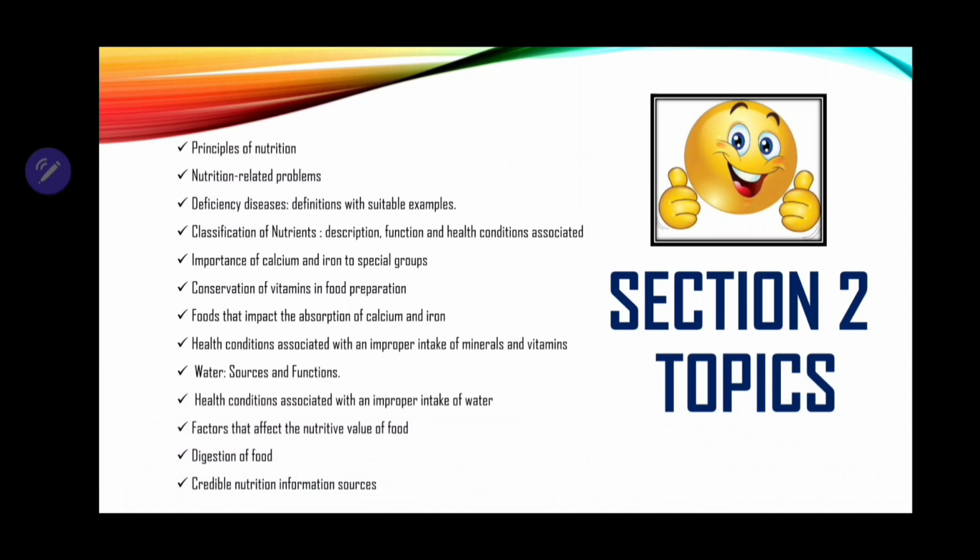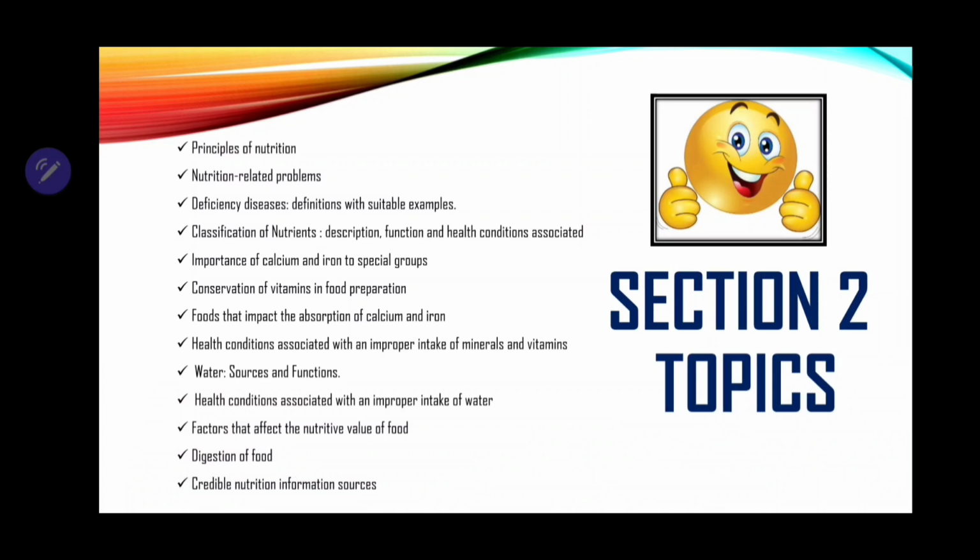You were required to know about the health conditions that are associated with the improper intake of minerals and vitamins as well. Also water, where you look at the sources and functions, health conditions associated with its improper intake, such as dehydration, constipation, and you should know the signs and symptoms of these conditions as well. Also, factors that affect the nutritive value of food, where you can look at the agricultural practices, conditions during transportation, processing, and so on.